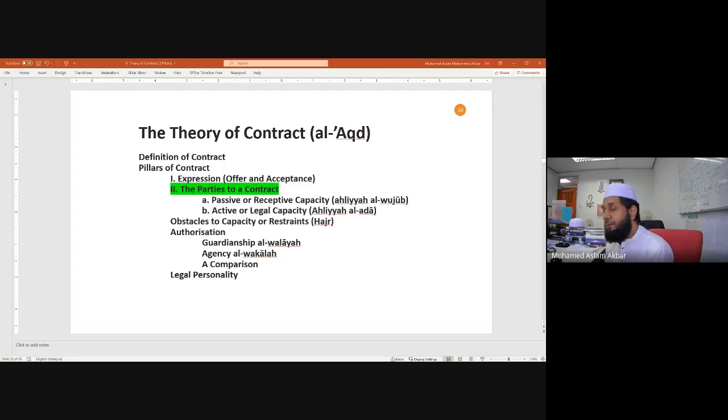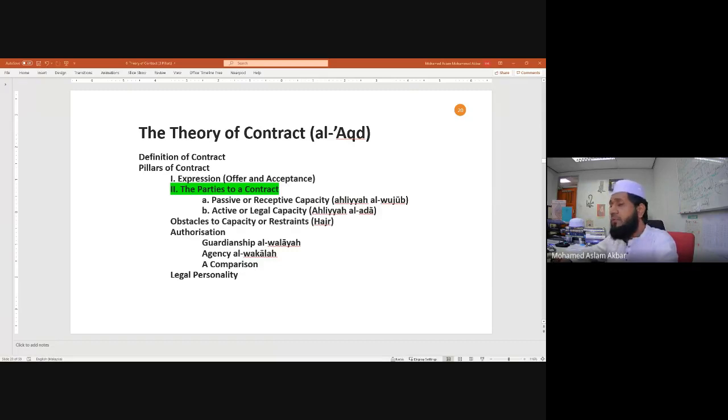Now when we are talking about the parties, this is the outline for the parties. I want you to carefully understand this, so that you don't go out of the topic. The parties to a contract are the acceptor and the offerer, or in other words the seller and buyer.